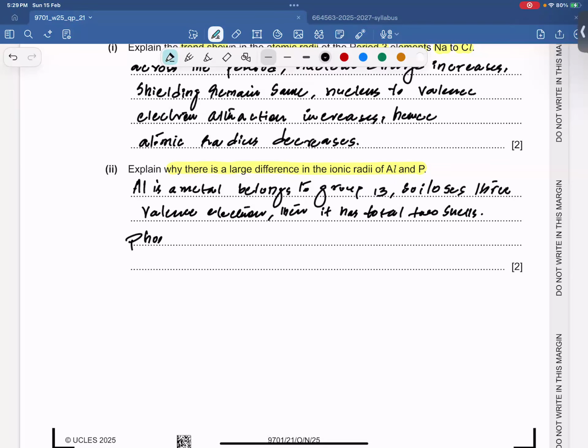Phosphorus gains 3 electrons in its valence shell.